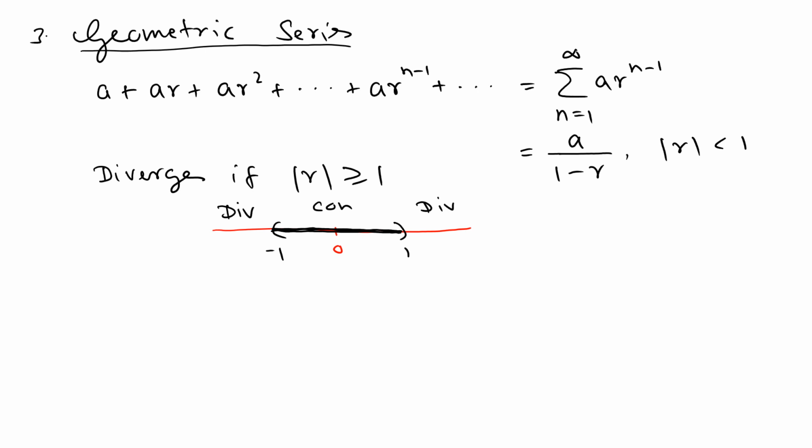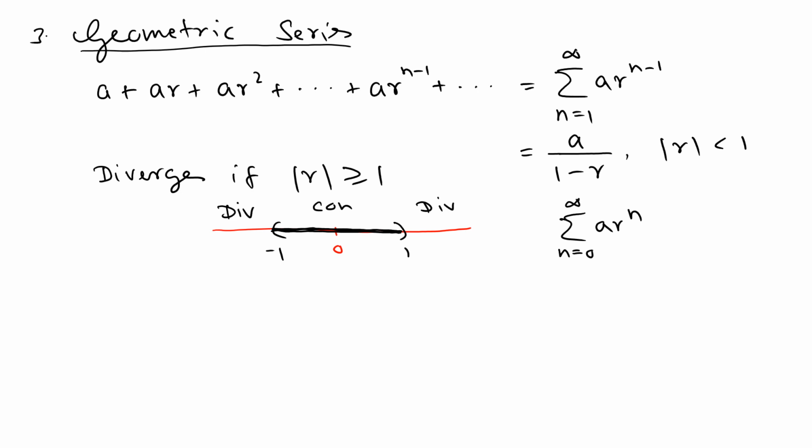Also, sometimes we write the geometric series as the sum of ar^n. But if you write ar^n, in this case n starts at 0 and goes to infinity, because otherwise you can't get the first term.